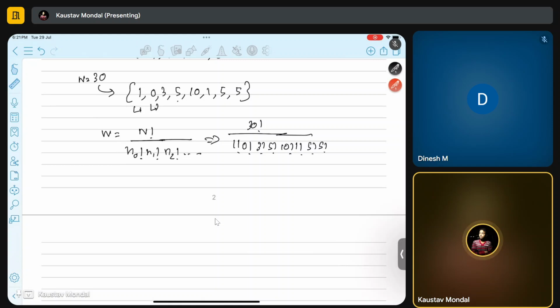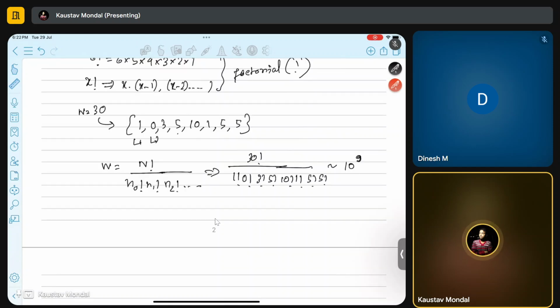Now if you calculate this in a calculator, this basically gives you a value on the order of 10 to the power 9. So this is the number of ways you can distribute this particular configuration.